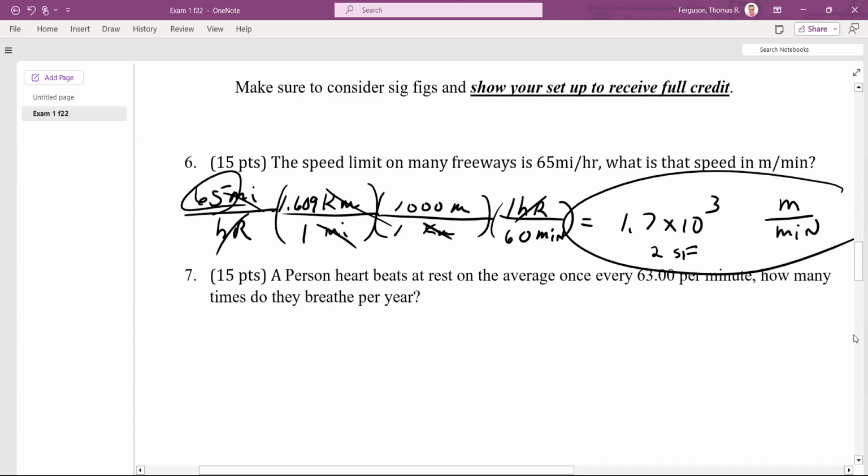And then I put it in scientific notation. But everything else is still fine except that one.